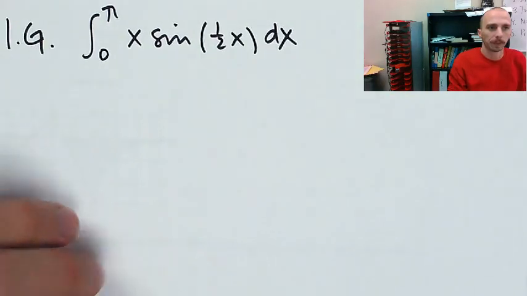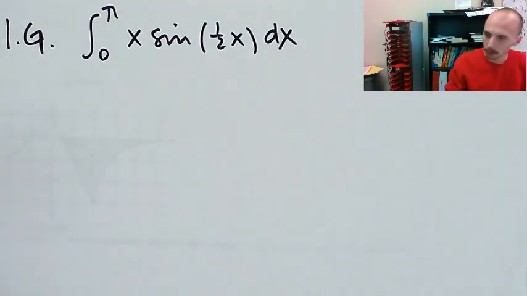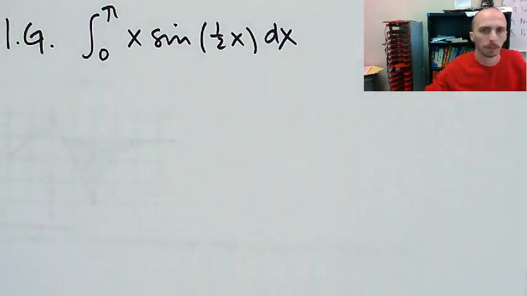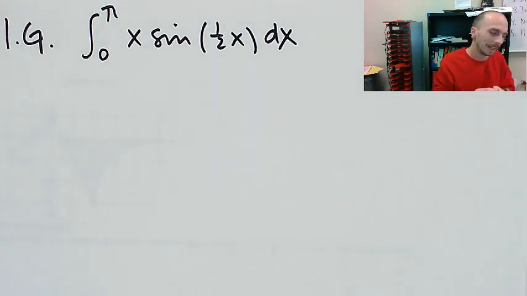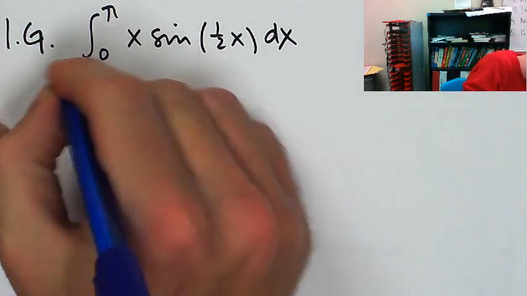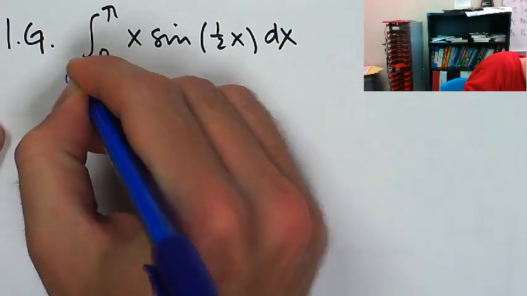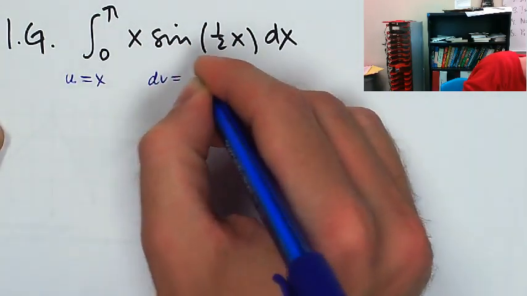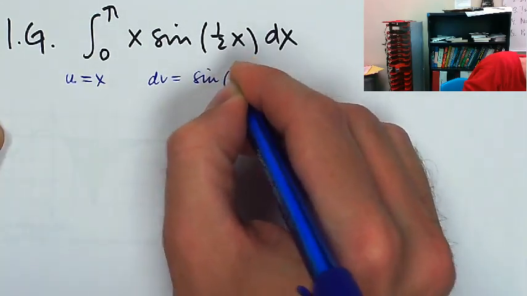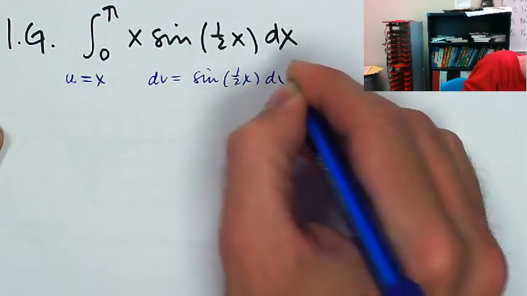All right, so I'm going to let, algebra before trigonometry, u equal x and dv equal sine of half x dx.